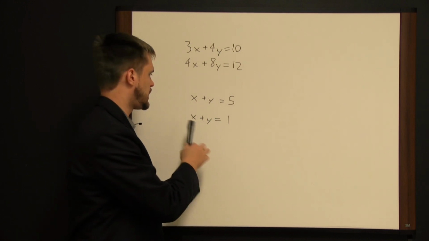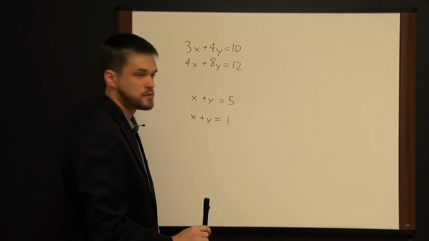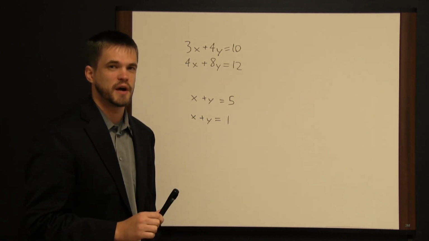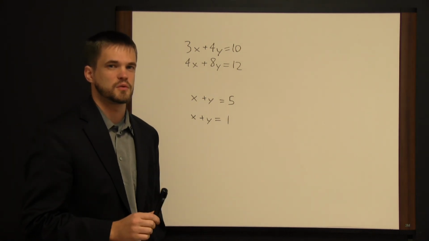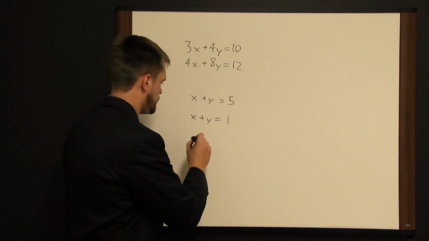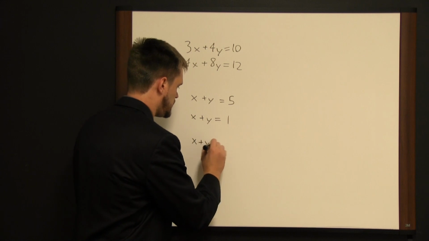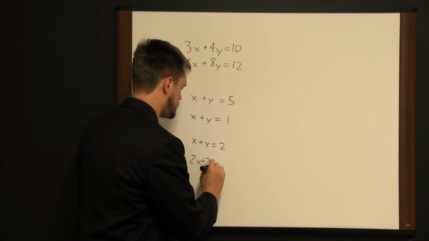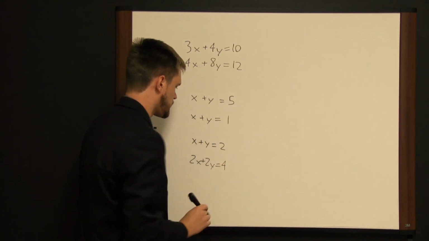And this obviously can't be solved for values. The other situation where you can't solve for values is if the 2 equations are redundant. So for instance, if we have x plus y equals 2 and 2x plus 2y equals 4.